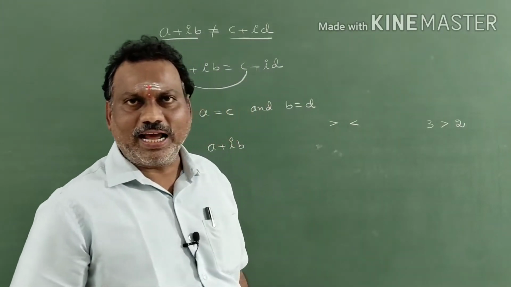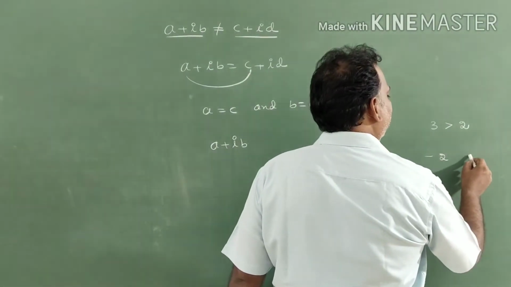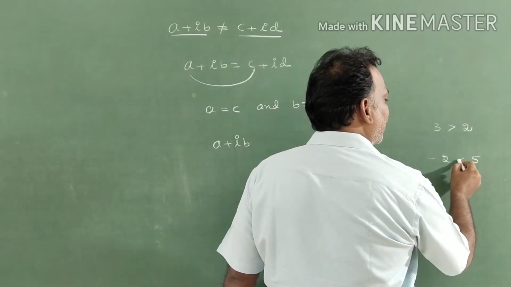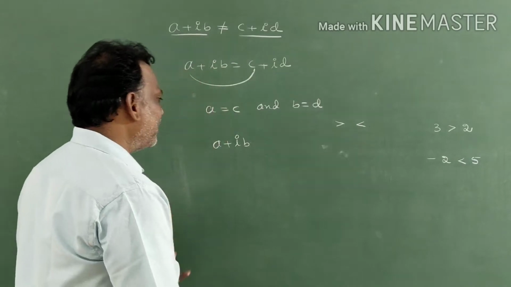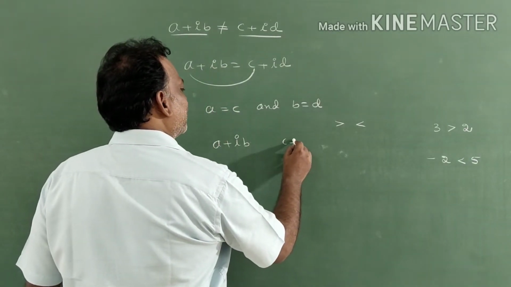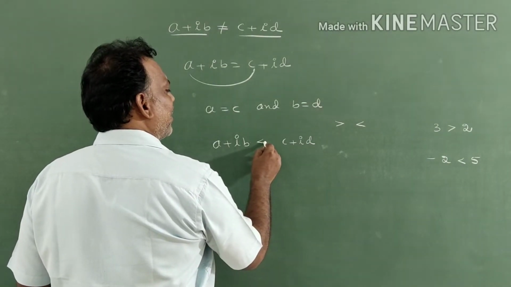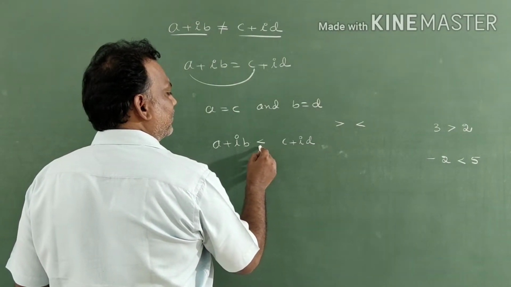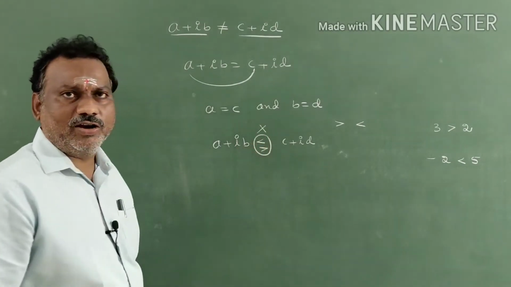The greater than symbol can exist. Suppose minus 2 and 5. Minus 2 is smaller than 5. Whereas if you consider two complex numbers a plus ib and c plus id, we cannot use either less than or greater than. We cannot use it. If you use it, this is wrong notation.